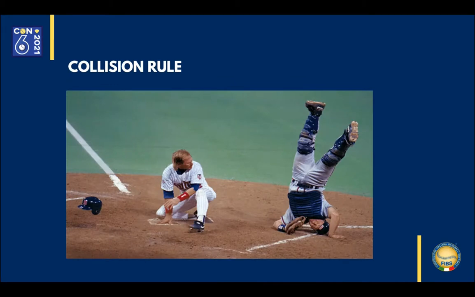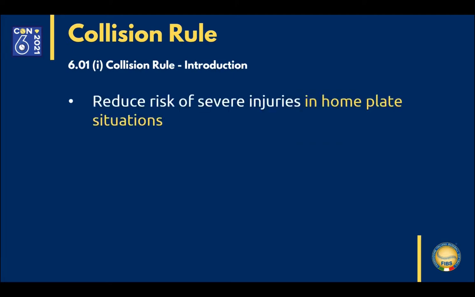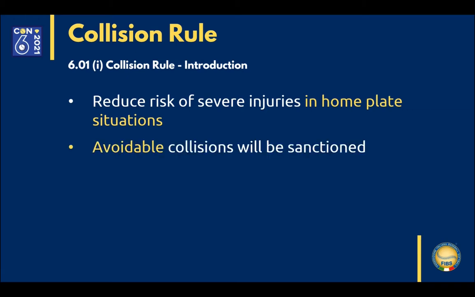So let's start with the collision rule. The collision rule was designed to reduce the risk of severe injuries in home plate situations. You may like it or not, this is what the rule intends. So basically, avoidable collisions, so all the collisions that could be avoidable and still happen, they will be sanctioned.